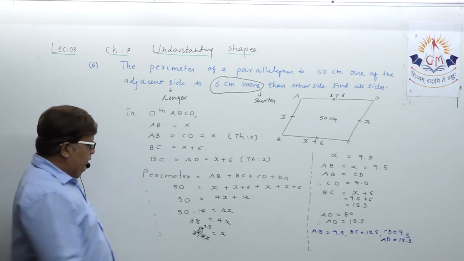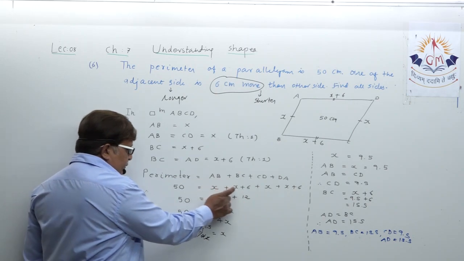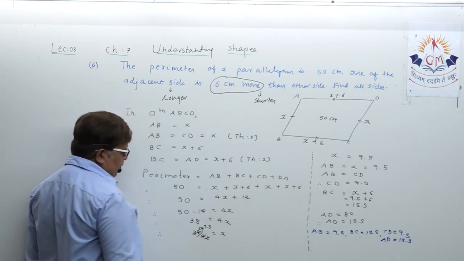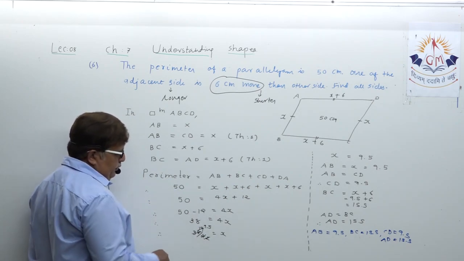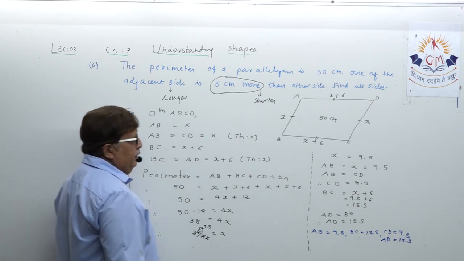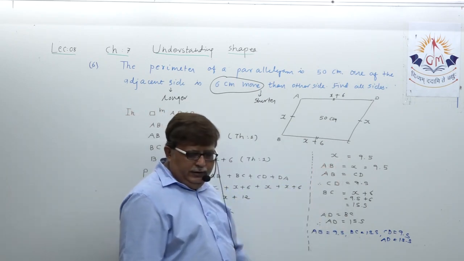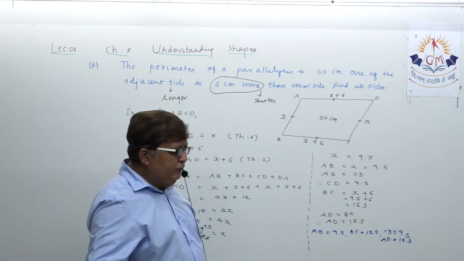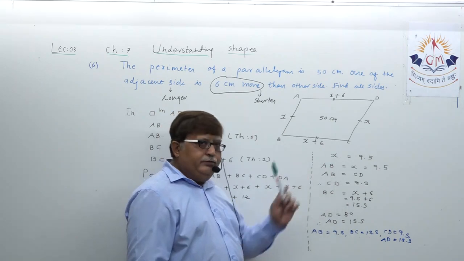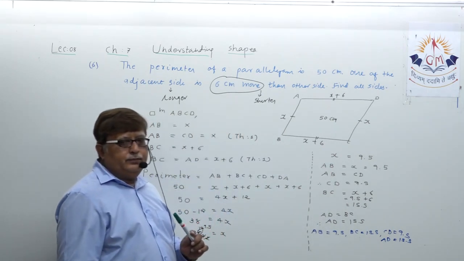Then perimeter: we wrote all values, x plus x plus x plus x is 4x, 6 plus 6 is 12, transferred, 38 equal to 4x, you cancelled it, you got x equal to 9.5, and now no misunderstanding whatsoever. x equal to 9.5 we got.